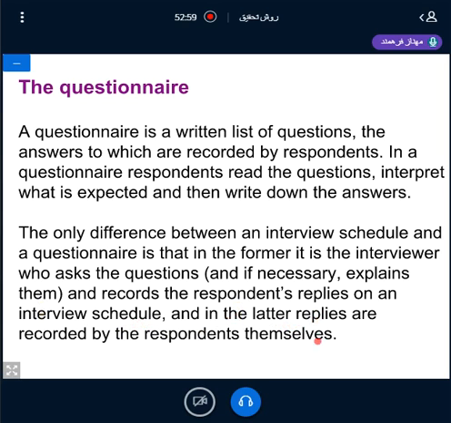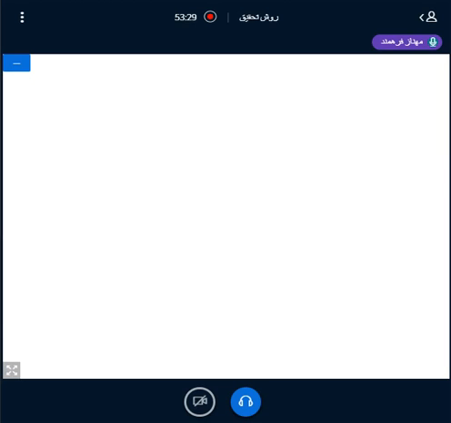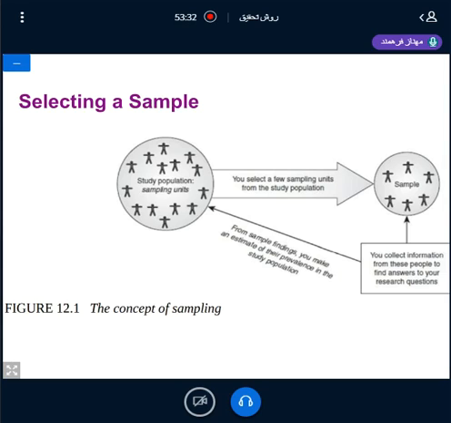And in the latter, replies are recorded by the respondents themselves. So this is the difference, because in an interview you record the answers, but in a questionnaire they must just answer your questions or complete some forms.